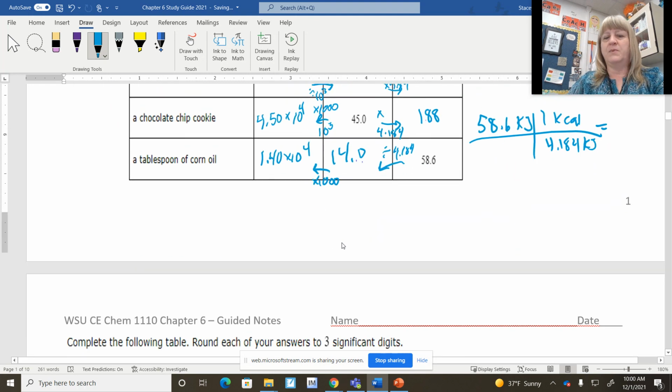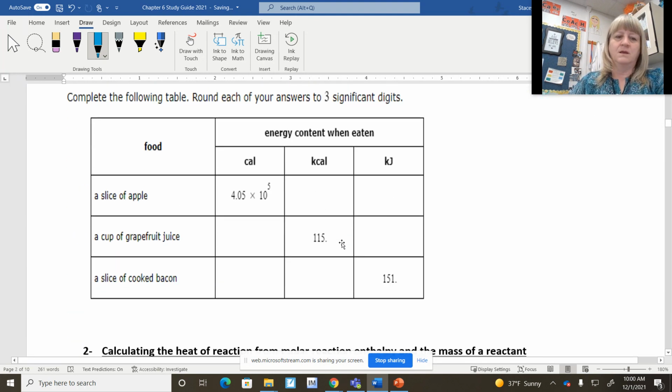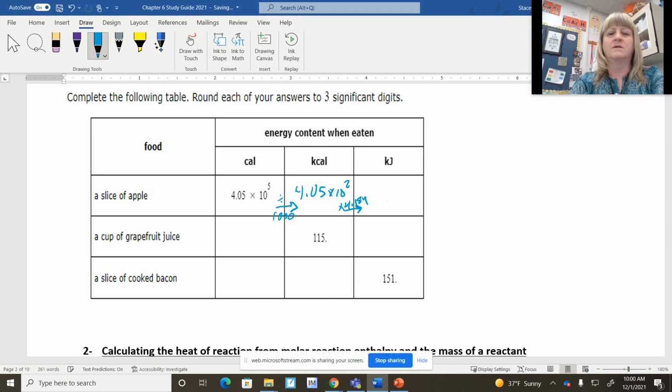All right, rolling up. So on this one, same kind of thing. Going this way, we're going to divide by 1,000. So here we're going to get 4.05 times 10 to the second. To go this way, we're going to times by 4.184 and 4.05 times 10 to the second.